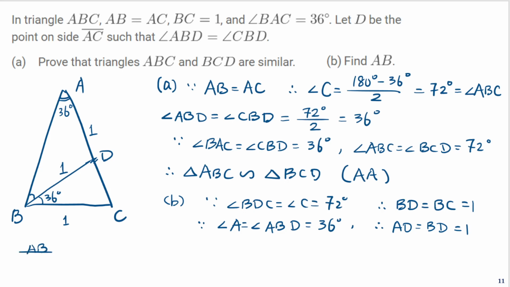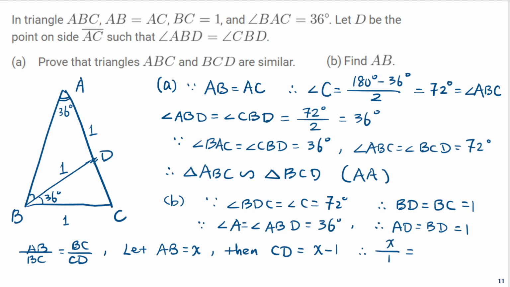And we know AB over BC equals BC over CD. This is according to similarity. And if we let AB equal x, we want to find AB, right? So if we let AB equal x, then we know CD must equal x minus 1, right? Therefore, we have x over 1 equals 1 over x minus 1, right?